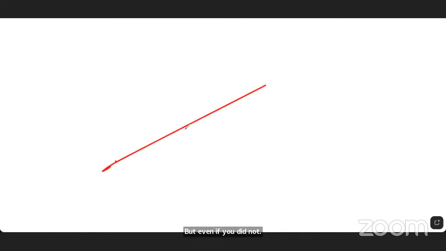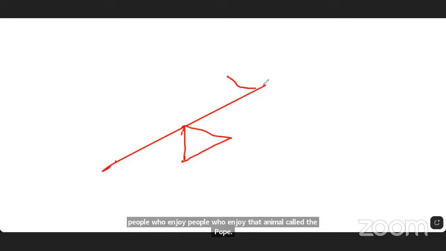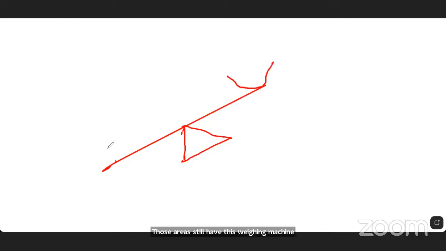Now, we all understand, if we went to school, but even if you did not, what we call a seesaw. A seesaw was like a balancing machine. And people who enjoy pork, those areas still have this weighing machine. They put something here and another here, then they start balancing.